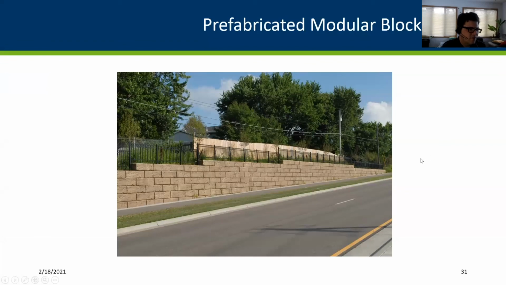So why are they called precast modular block walls? Basically, these units are cast concrete, they're precast concrete, and they're a modular system. There are a lot of things we want to be aware of with these walls, and we usually do that in design. So this wall, we have a metal railing on top.